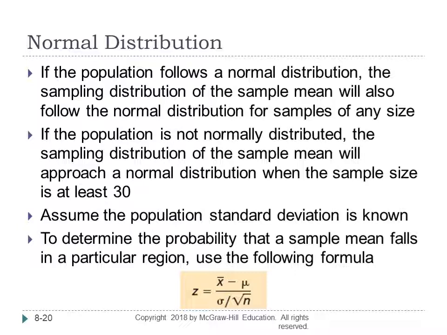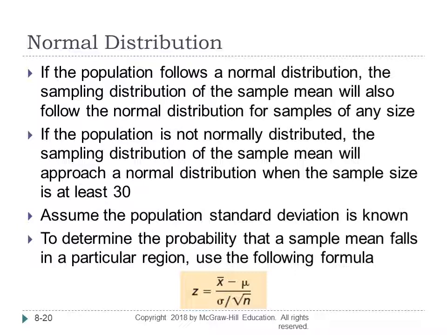So to determine the probability that a sample mean will fall in a particular region, you calculate the z value. Take x bar, which is your random variable from the sampling distribution, minus mu, which is the mean, divided by the standard error, which is the standard deviation for the sampling distribution, equal to sigma divided by the square root of n.